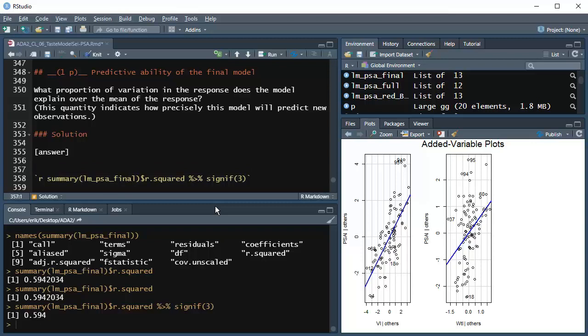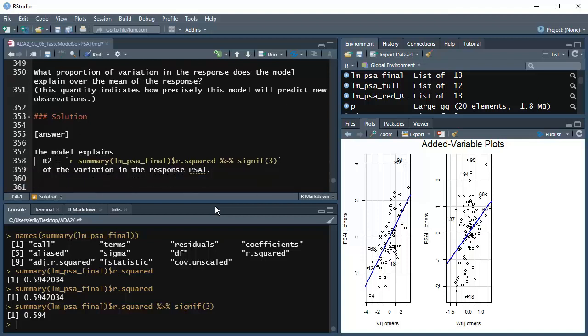So I will say something like, the model explains R-squared equals that amount of the variation in the response, PSA-L. And you can write a little bit more if you like.